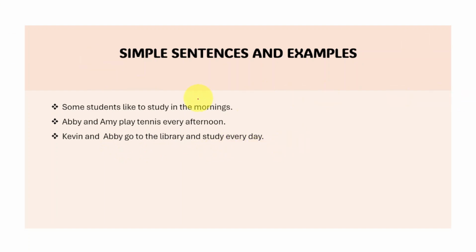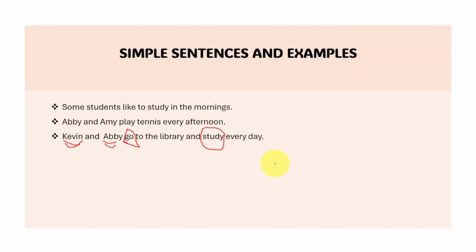Now, when you take a look here, we have go right here and study right there. We also have Abby and we have Kevin. Kevin and Abby go to the library and study every day. You can see we have a compound subject.